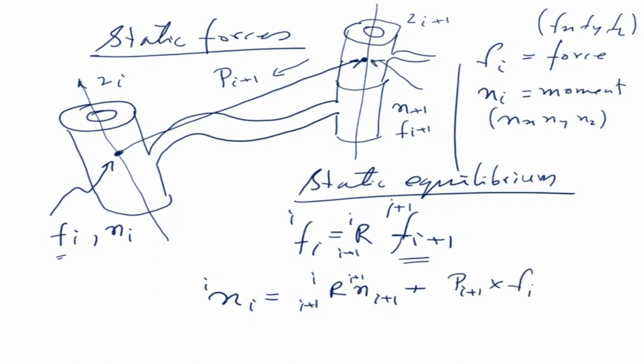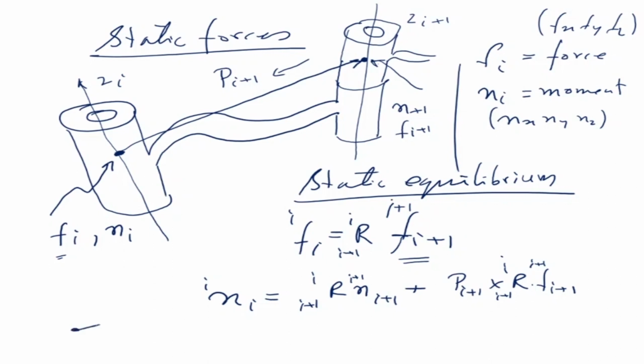Now this will be a moment. Let me write it like this. So about this point there is a distance pi plus 1 and there is a force Fi acting there. So it is Fi cross of pi plus 1. So it is a rotation matrix into I plus 1 into Fi plus 1, I plus 1.